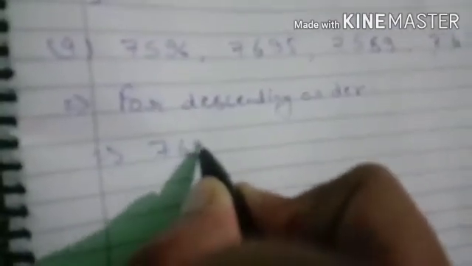So you can see 7695 is the largest number. So for descending order, 7695 comes first, because this is the largest number from this group.